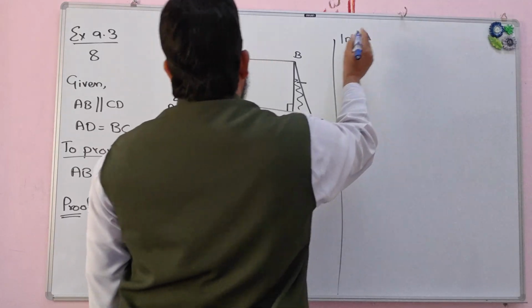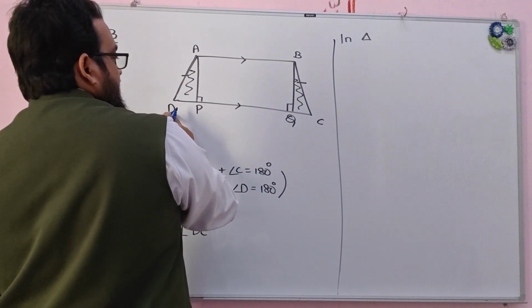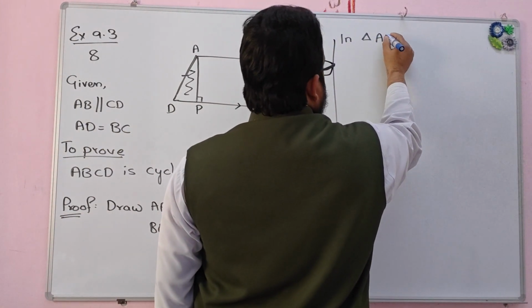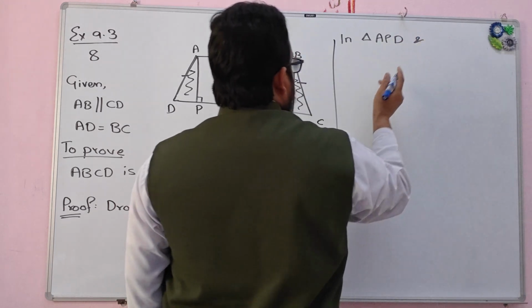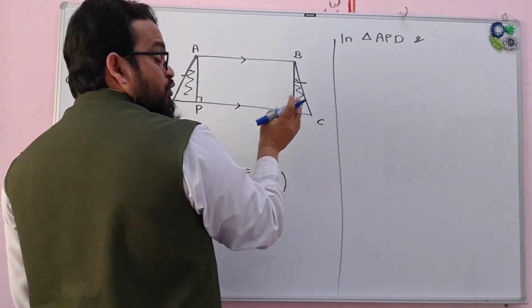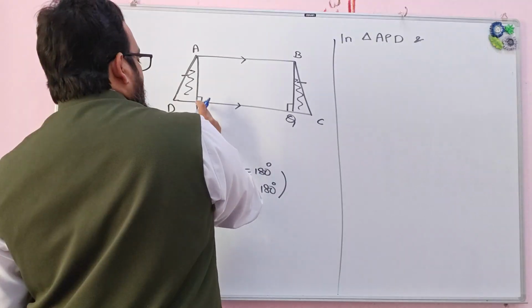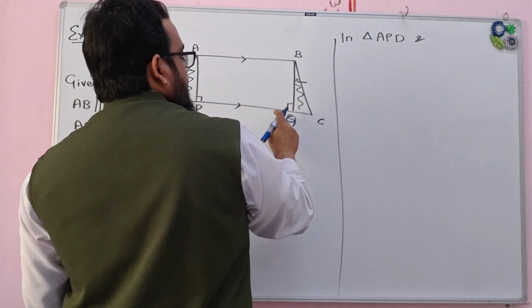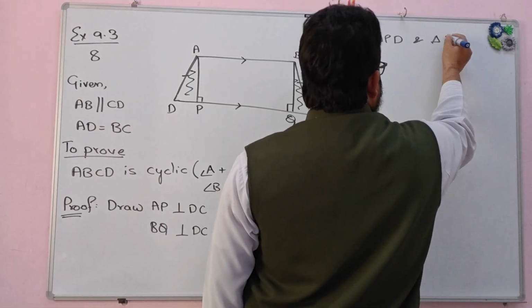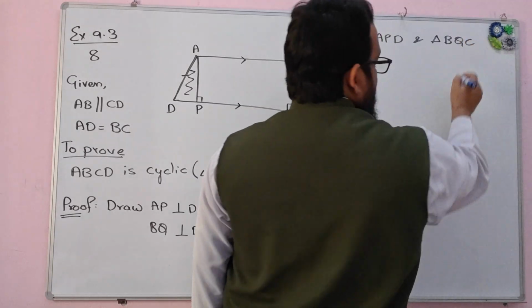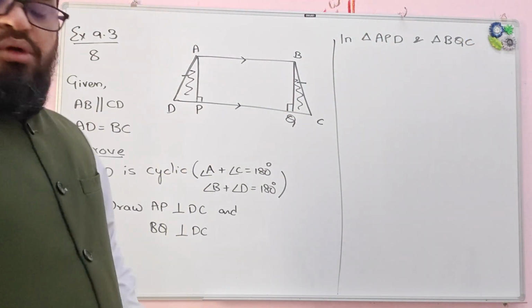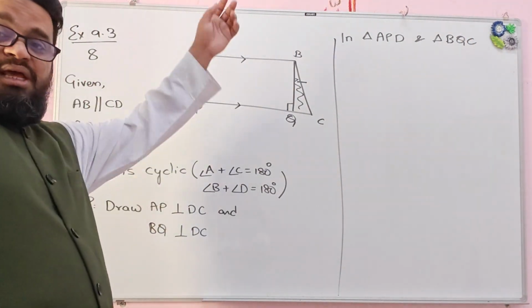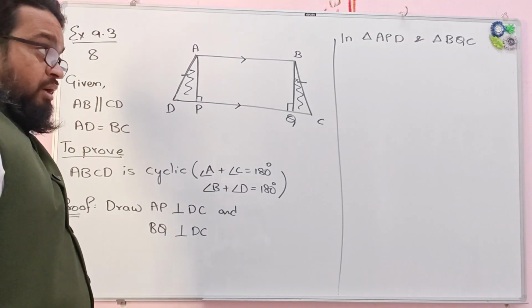In triangle APD and triangle BQC. Whenever you are supposed to prove congruency, you have to name the triangles in the same order.